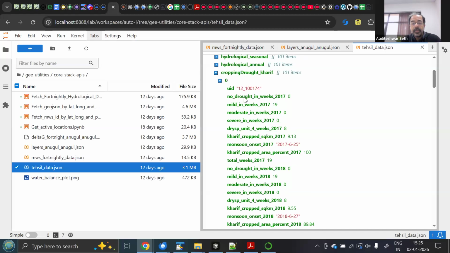So here we've computed for you, for each micro watershed ID, out of so many weeks of Kharif, how many were drought weeks? How many weeks had mild drought, moderate drought, or severe drought? And how many weeks of dry spell were there?